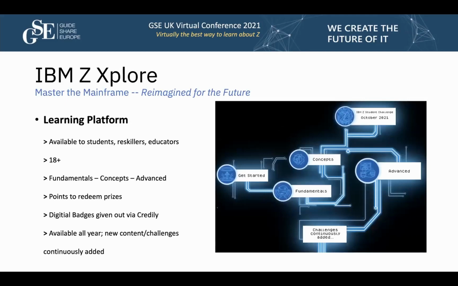So the IBM Z Xplore learning platform is available for students, but that includes also reskillers, educators, young professionals, basically anyone who would like to learn more about the IBM Z platform. We needed to have it available for 18 plus, so everyone with the age of 18 and above is able to use this learning platform.